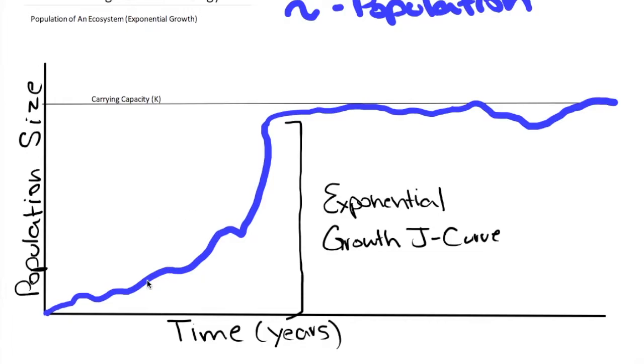So let's begin with this graph over here. In this graph, you can see that the population of an ecosystem, as always, starts at 0. And when the ecosystem is first starting to thrive, the population of the ecosystem grows in an exponential growth J curve. What this means is the growth of the ecosystem during its first few years of originating grows exponentially.